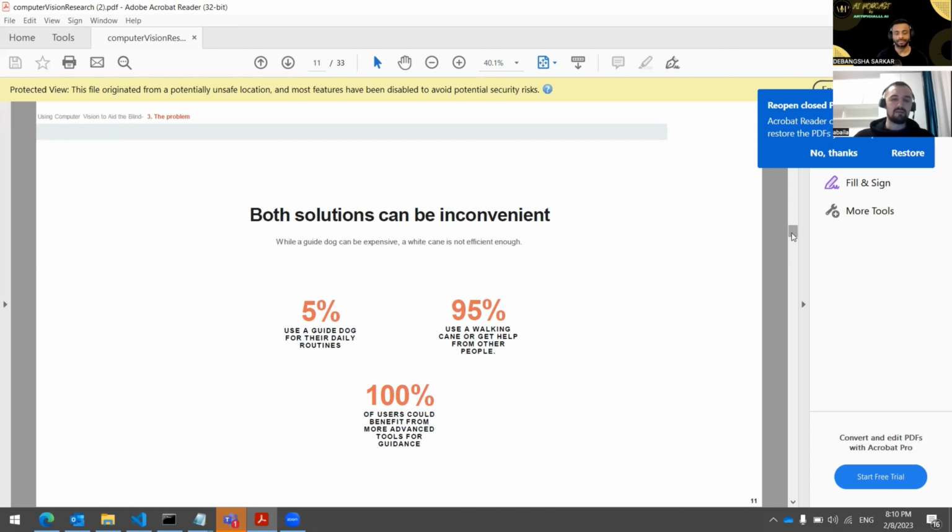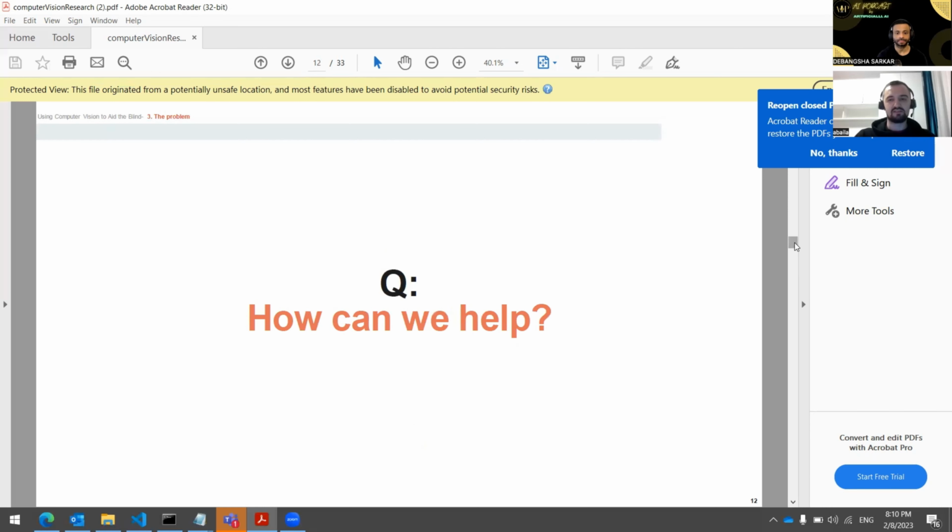So yeah. But what is for sure is that 100% of users are unsatisfied, and they could definitely benefit from a better tool, something which is a bit more reliable than this. And so we can help here with machine learning, moreover computer vision.